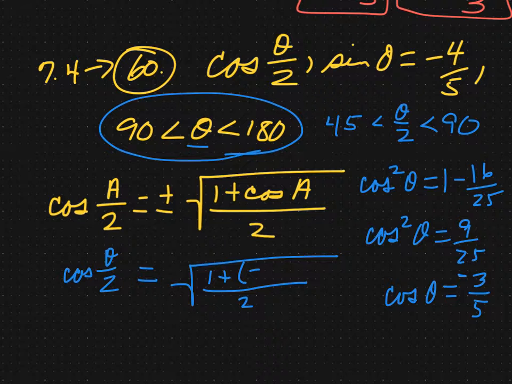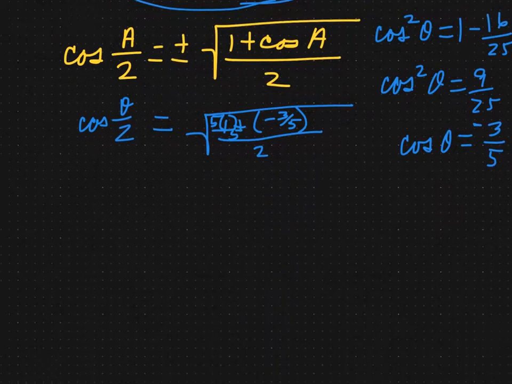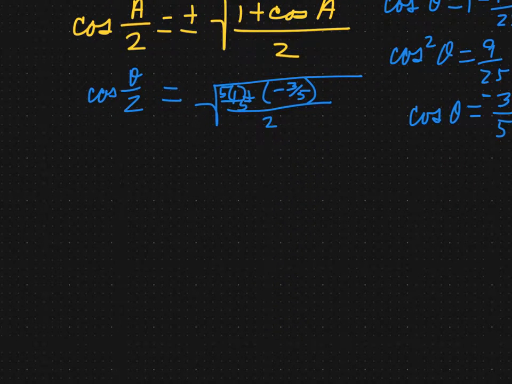So basically, I have 1 minus 3/5 over 2, and then square root of the whole thing, and simplify that. To simplify that, I'd have to have common denominator, so I need a 5 down there and a 5 up here. So what have I got?